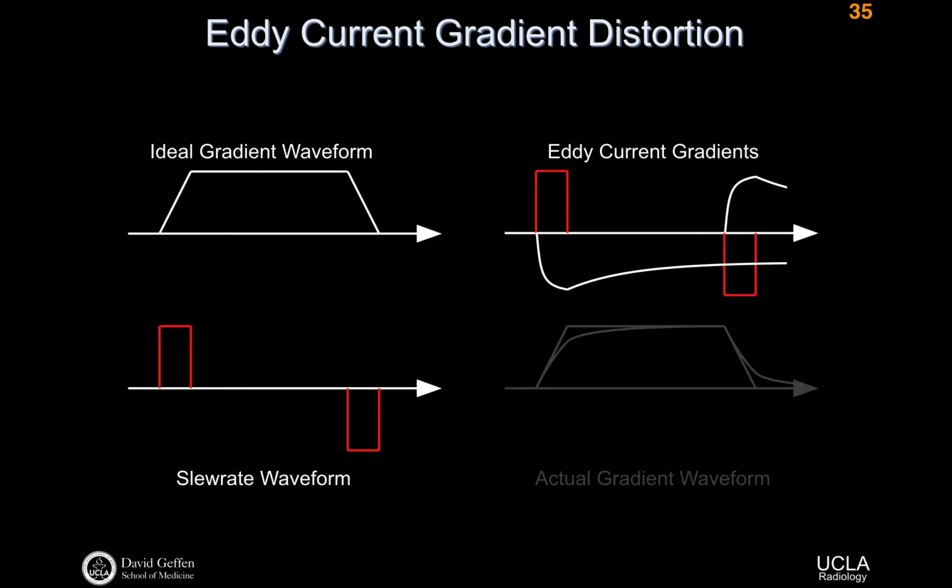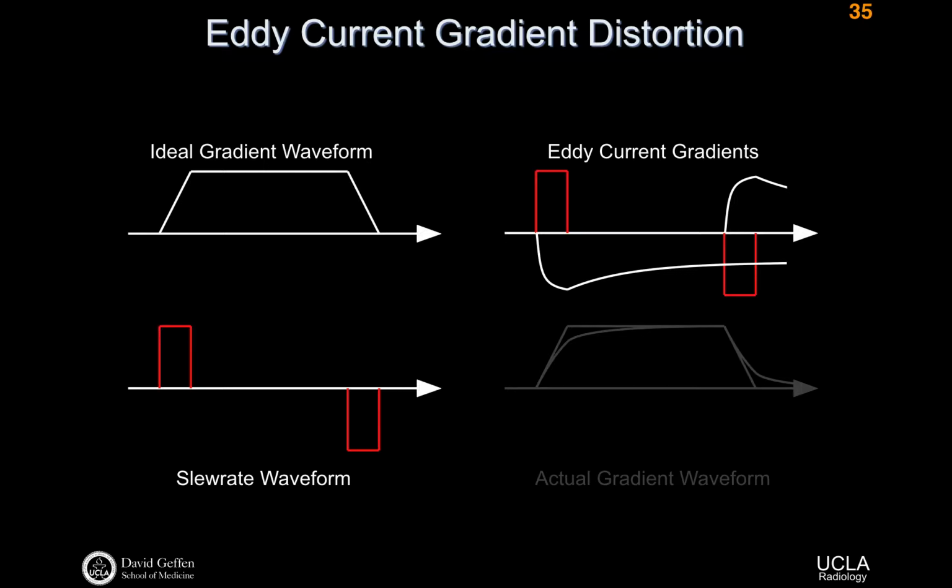You can think of these as being additional gradient fields or additional B fields that appear in your system anytime you're slewing. Anytime I slew, I induce a residual or extraneous field, and that field builds up over a short period of time, and then it decays over some other period of time depending on the time constant.